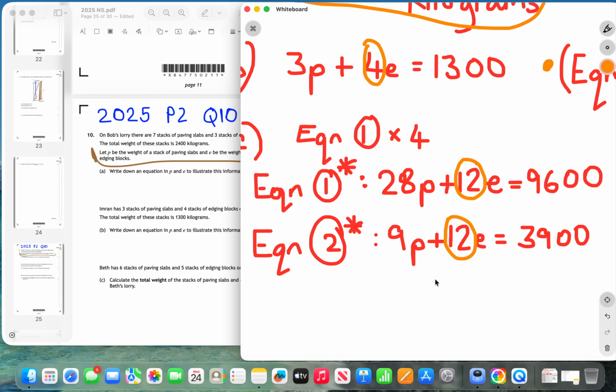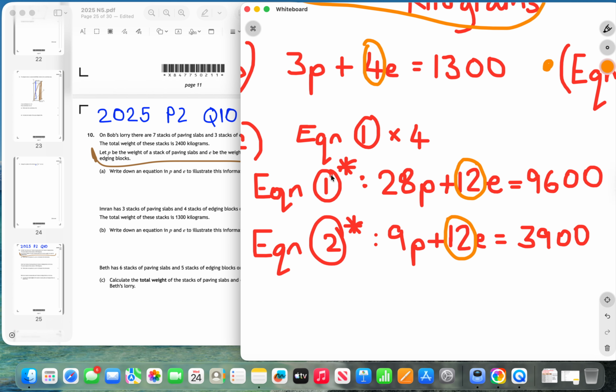The next thing we have to do is cancel out one of the terms. Because we've matched up the number in front of the E, we can do some maths and eliminate the E and get an equation in just P.